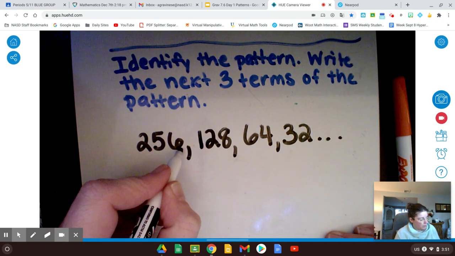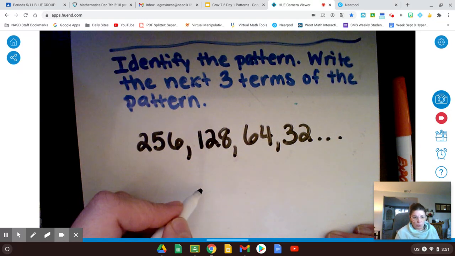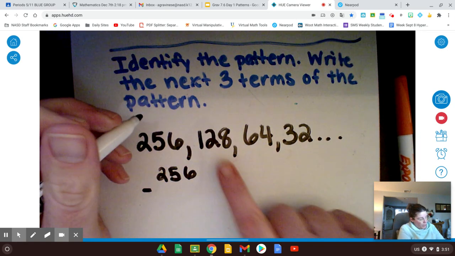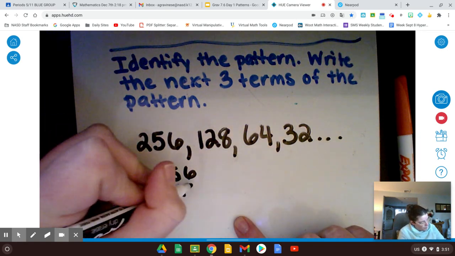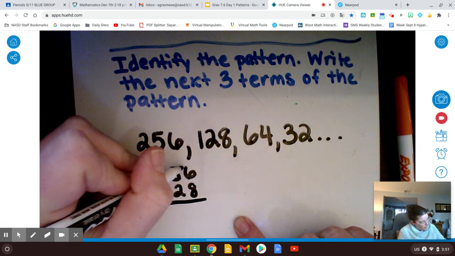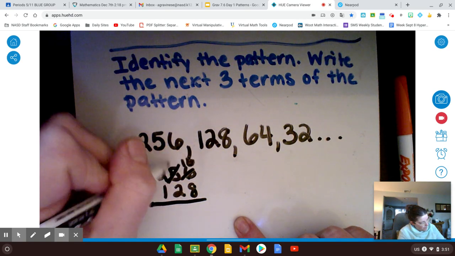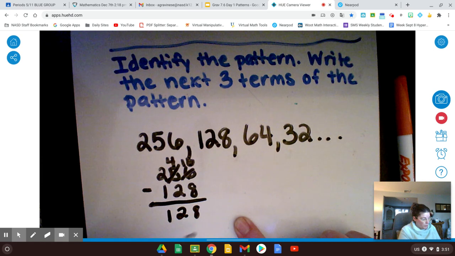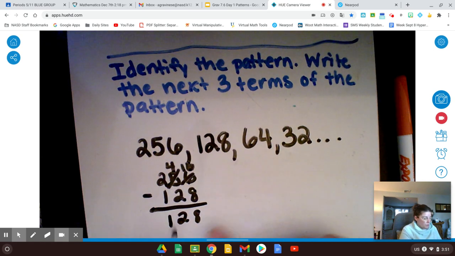256 minus what will give me 128? Let's figure that out. And to figure it out, I can subtract the two of them to find the difference. 128. Well, look at that. So could my rule be to subtract 128 over and over? Well, wait a minute.